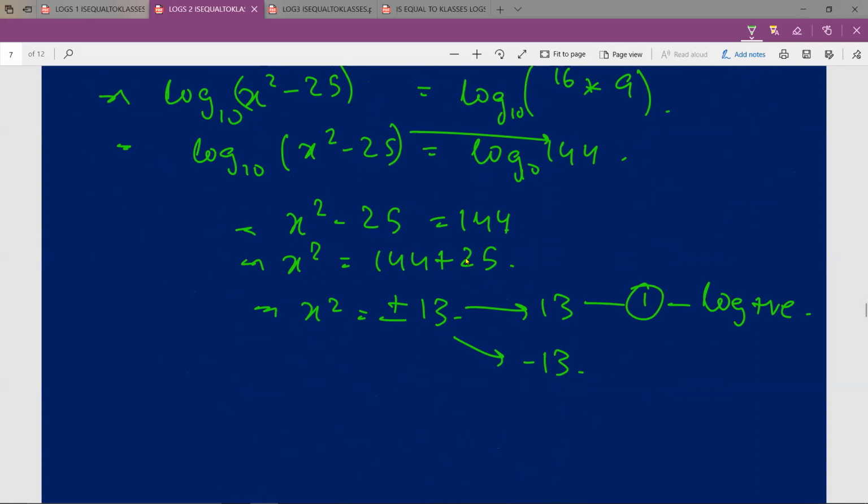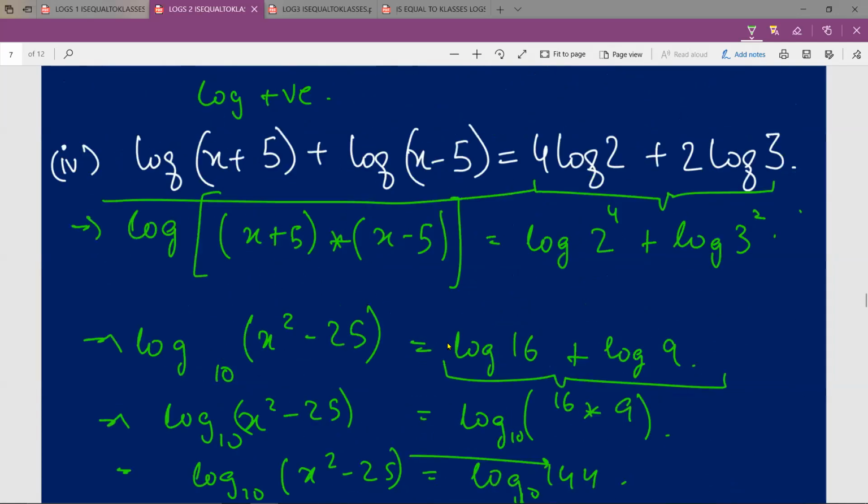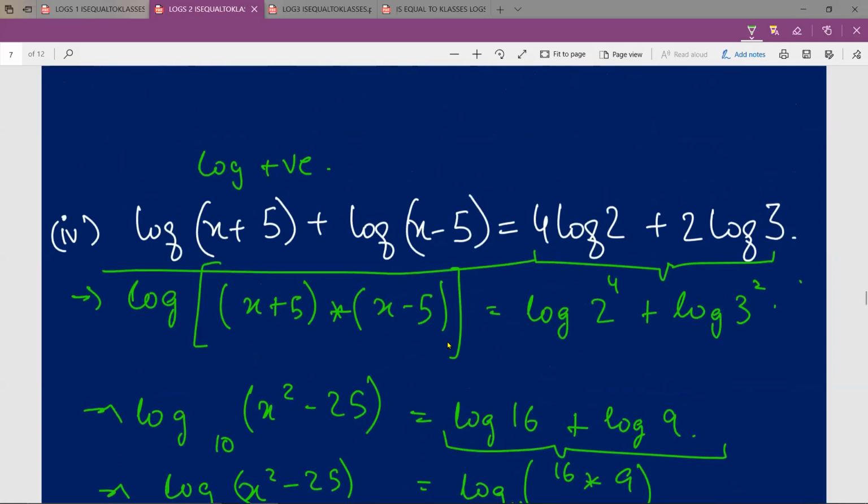Moving on to the second answer, which is minus 13. Now, minus 13, we substitute it in place of x, and minus 13 plus 5 will be log of a negative number. And log of a negative number does not exist. That is simply in terms of English, it is not defined. So therefore, log of a negative number does not exist.